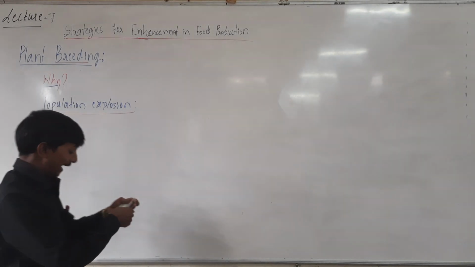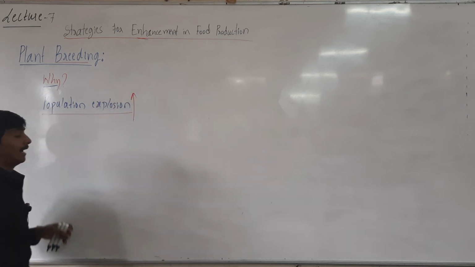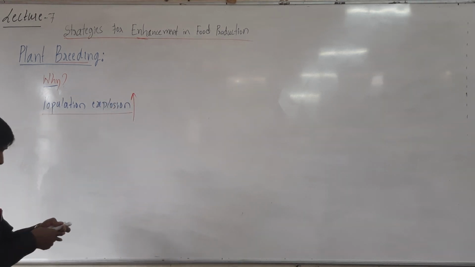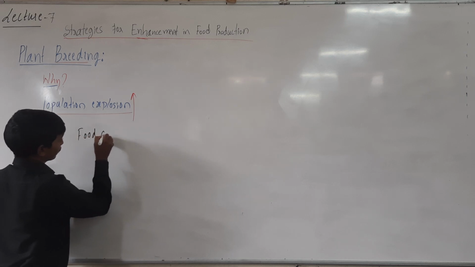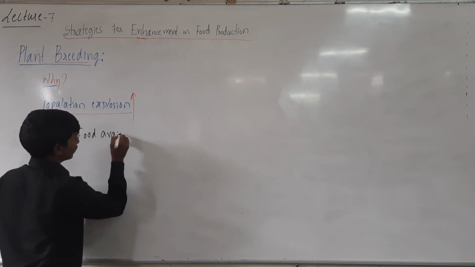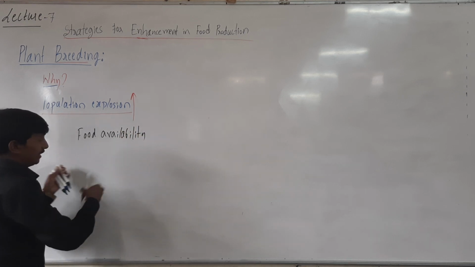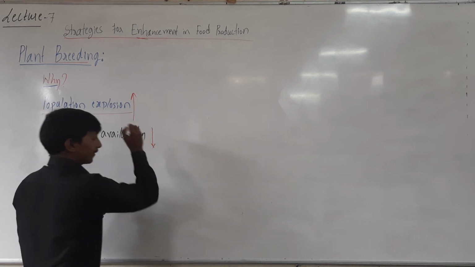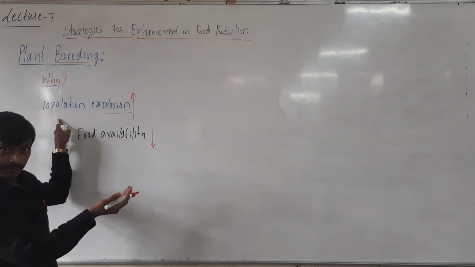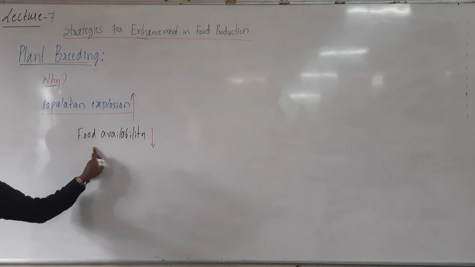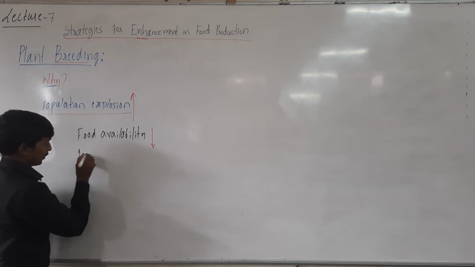As the population is increasing, food availability is decreasing just because of a decrease in food production.